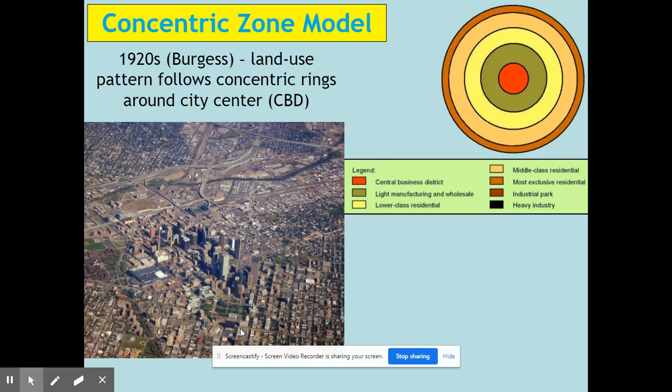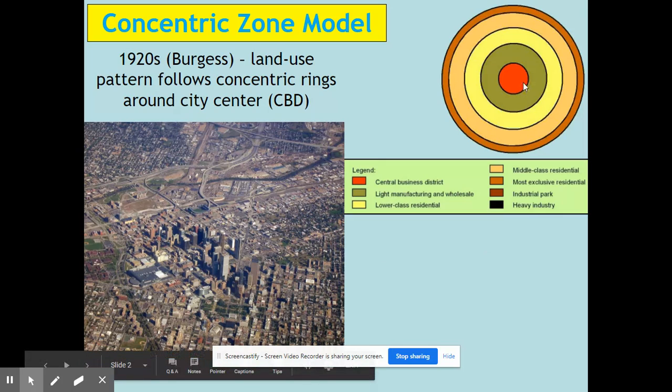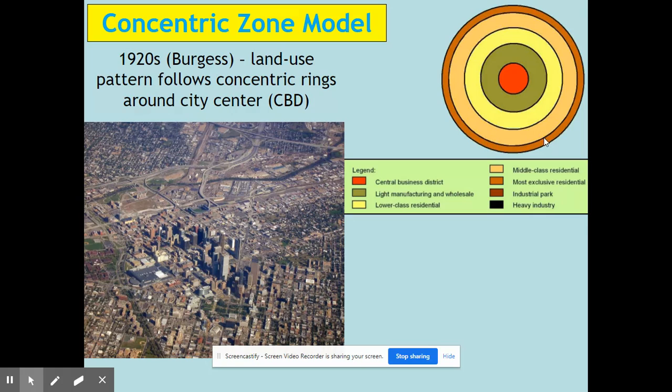If you think about historically immigrants coming in and settling in the urban center, and then over generations moving out towards the suburbs, these are cities that definitely represent East Coast design.